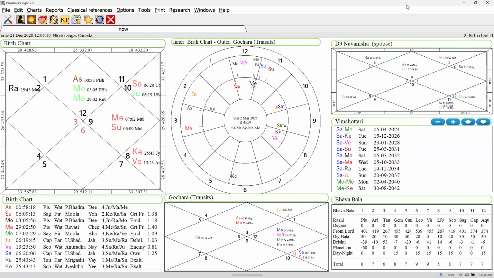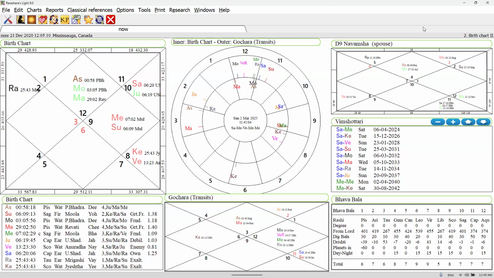So you see here, the numbers in this chart, those are the Rashi, right? Pisces is the rising sign, the ascendant. At the time of your birth, when you were getting delivered, the sign which is rising on the eastern side becomes your lagna.